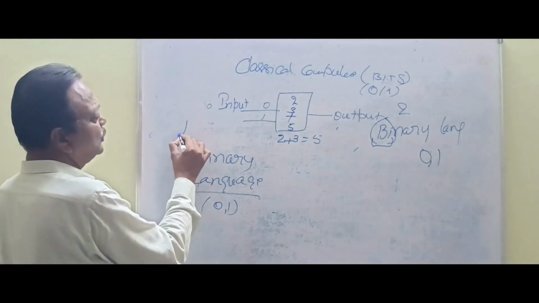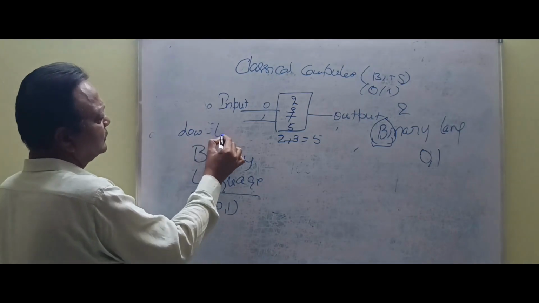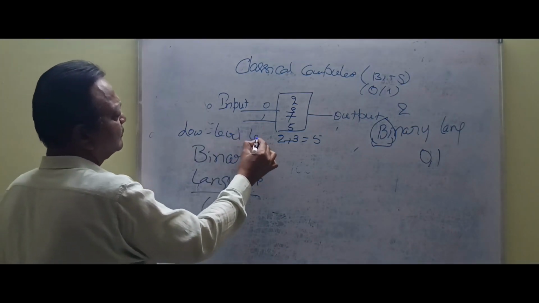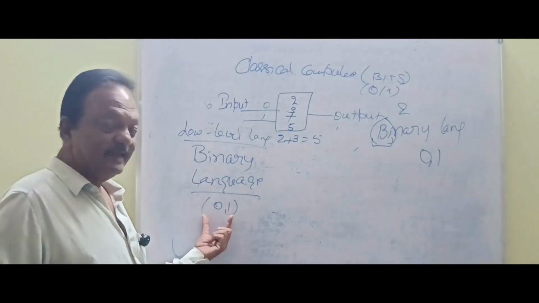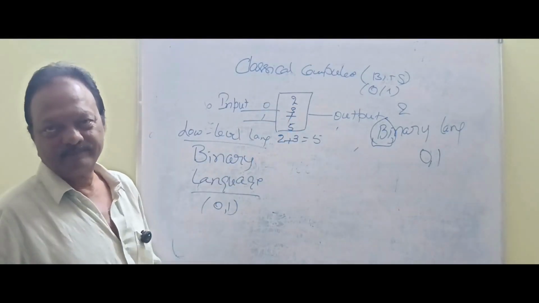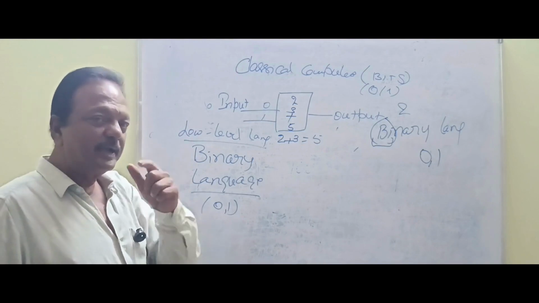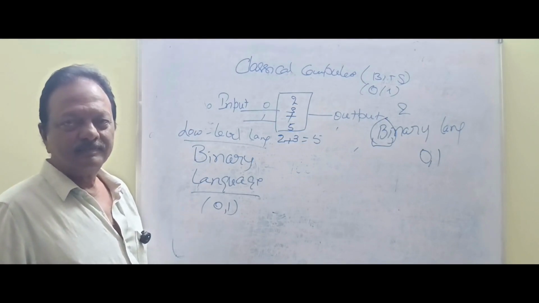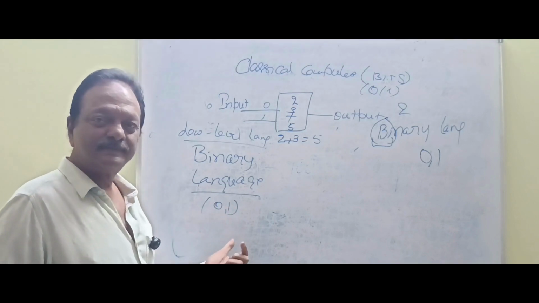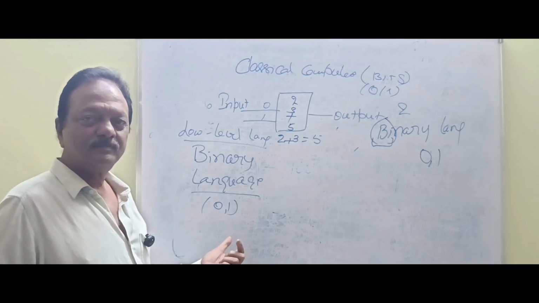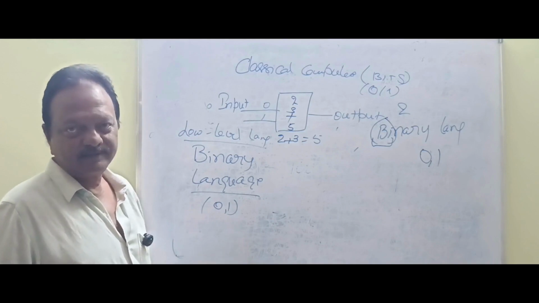This you call a low level language. Can you write a program all in zeros and ones? It's very difficult for us.